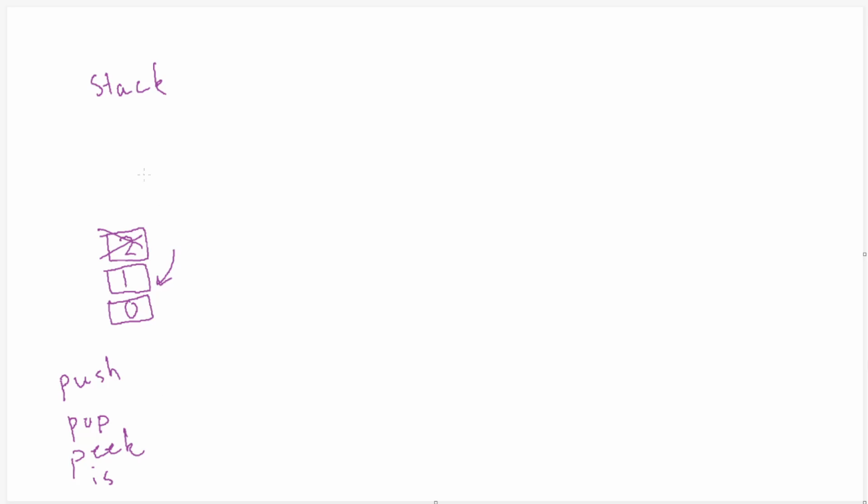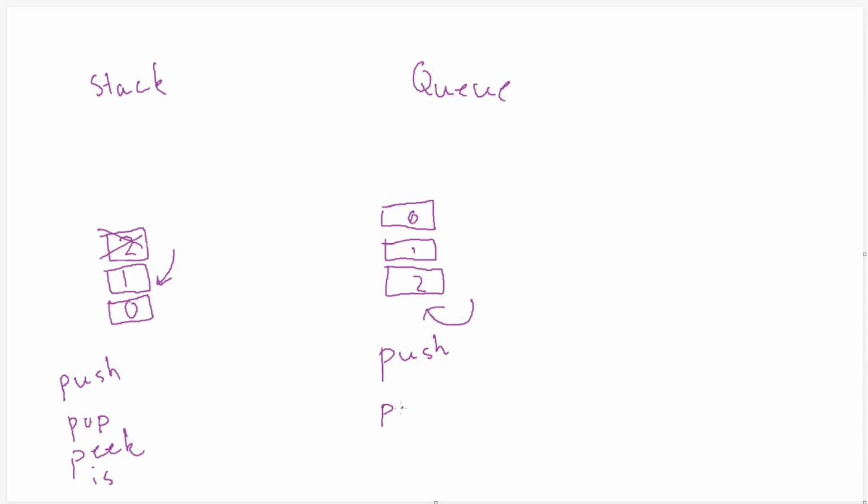It's clearly not empty. However, for a queue, when we add something, the first item we add is going to be at the front like this. And then the next item we add is going to be after that and after that. So when we push to the bottom like this, when we pop, we remove off the top.